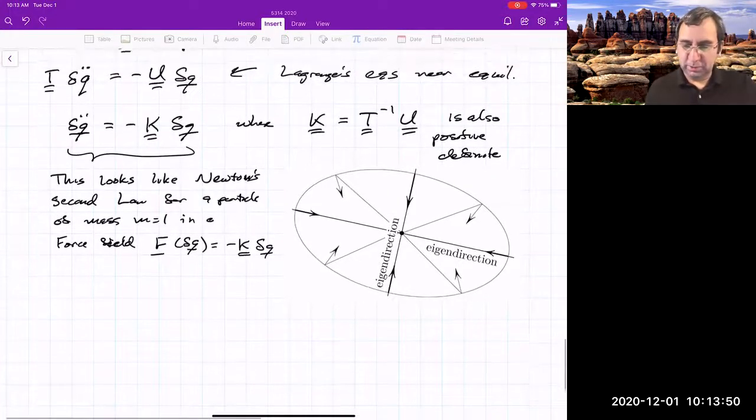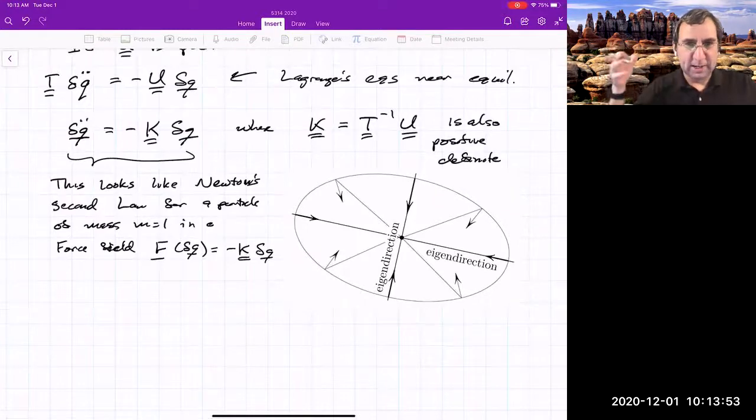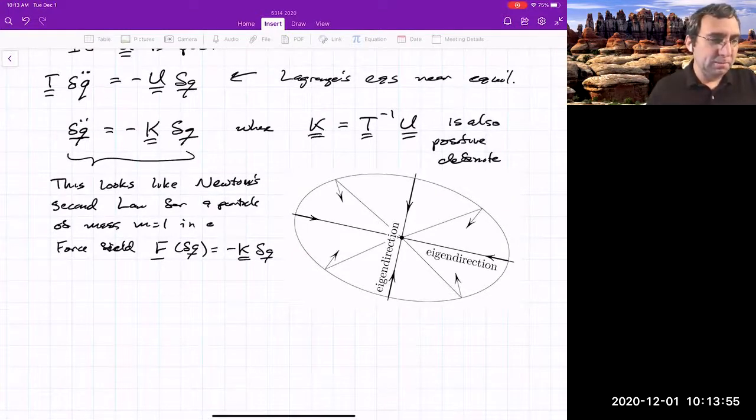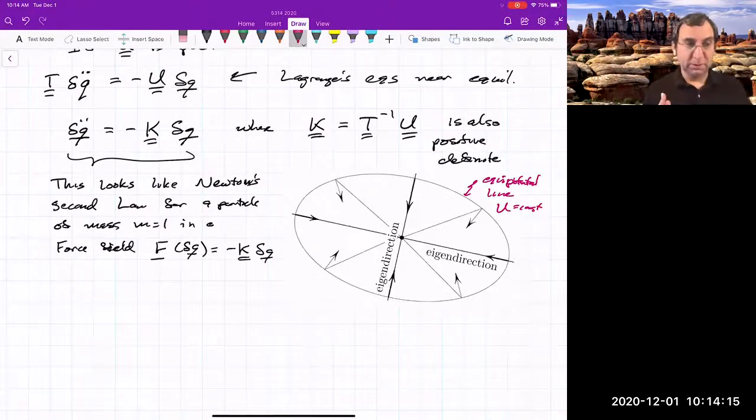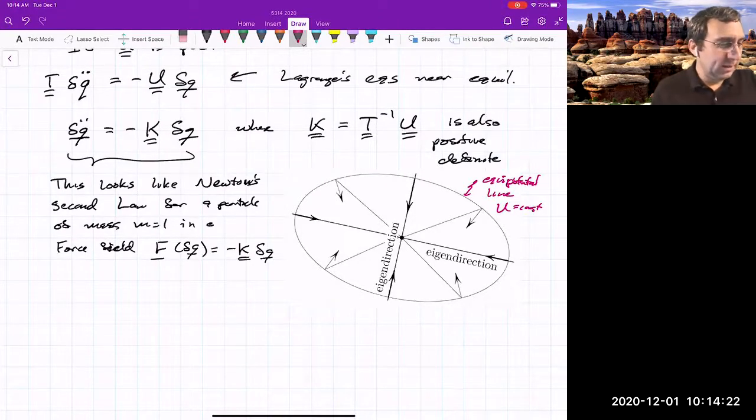So this is just showing the planar case. You can kind of generalize naturally to n degrees of freedom. But this is an equipotential line that we're showing. That means the potential energy U equals a constant. And the arrows are the force field. And of course, your eye is drawn to these eigendirections.